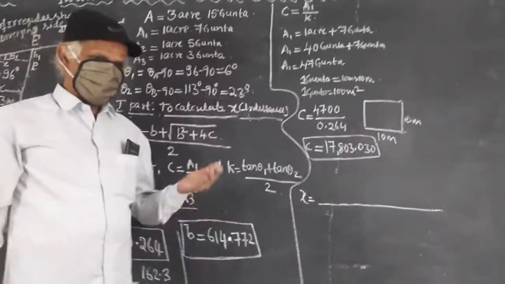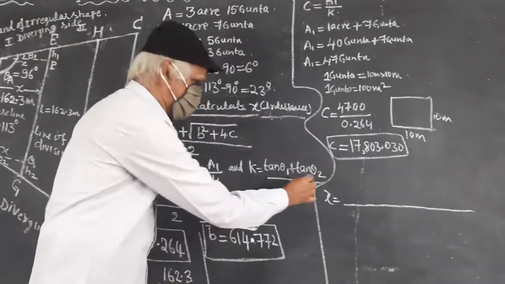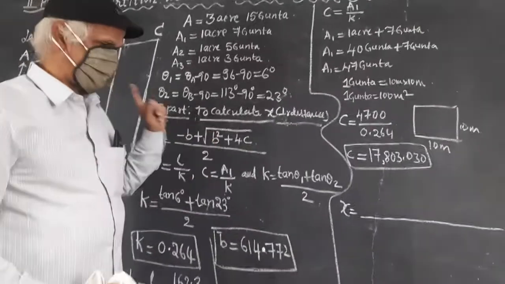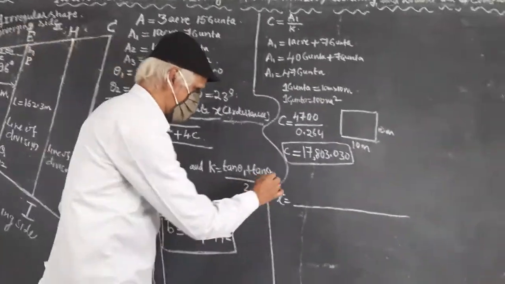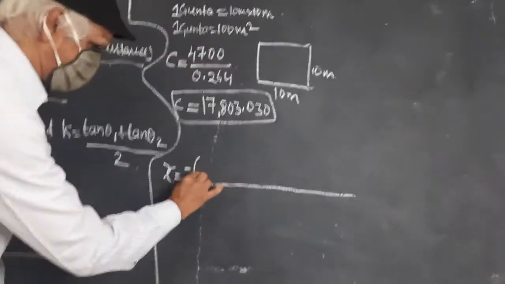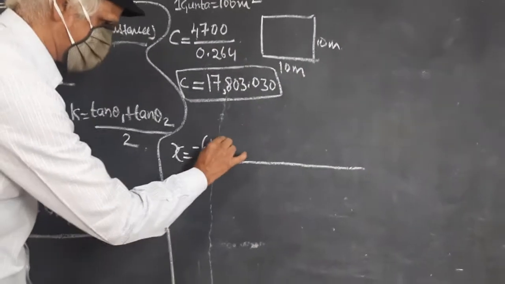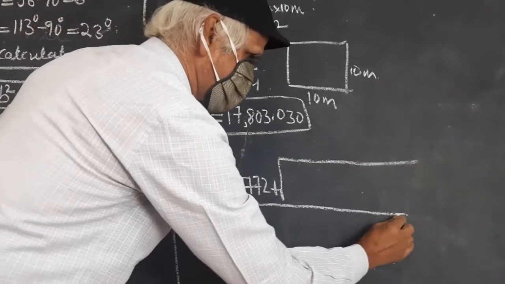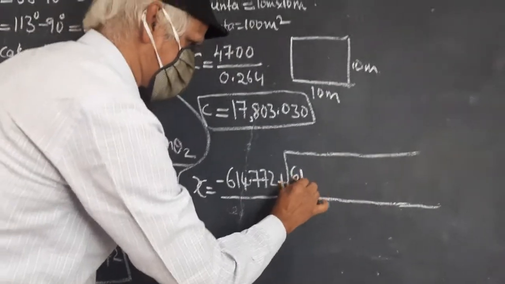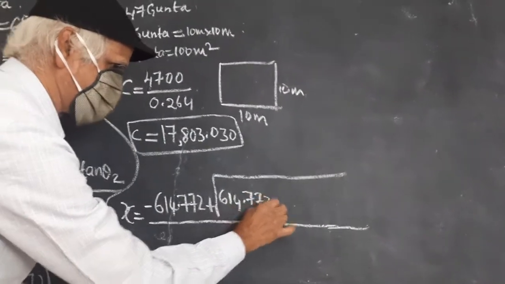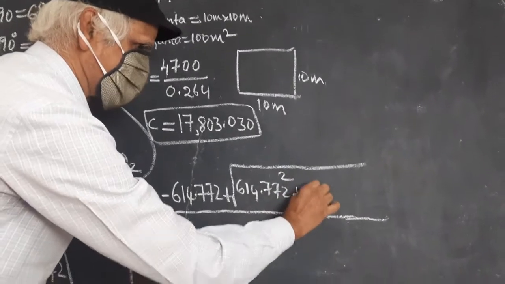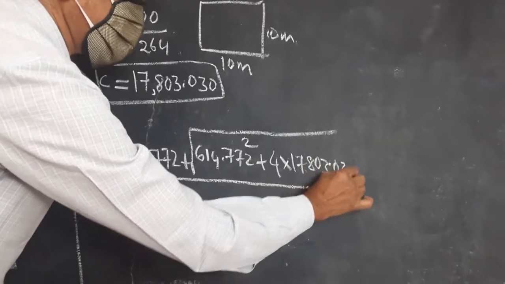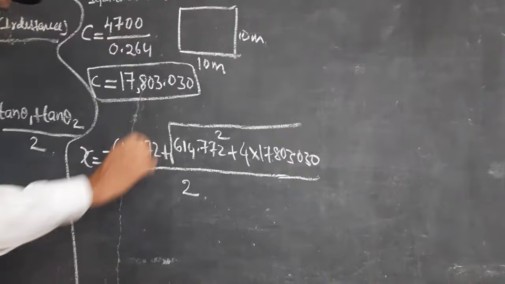Having found B and C, let us substitute these values in the concerned formula. On substituting, one gets X equals minus 614.772 plus square root of 614.772 square plus 4 into C, 17,803.030, divided by 2.